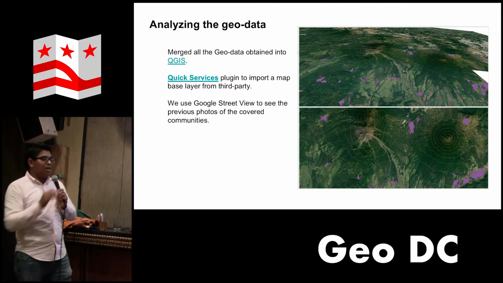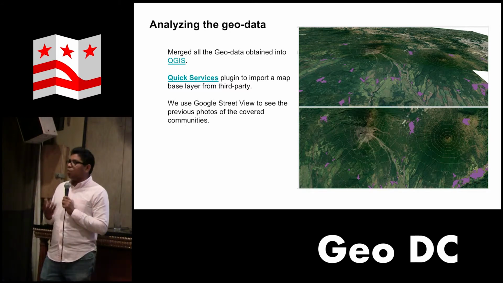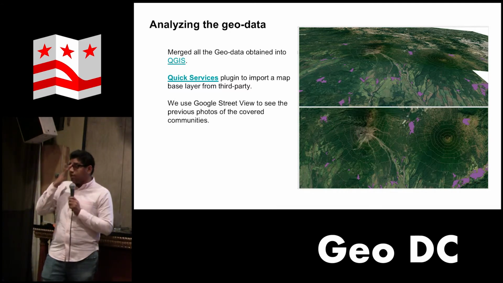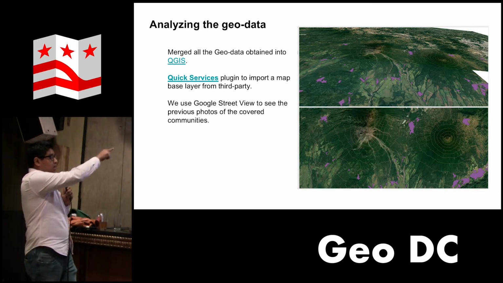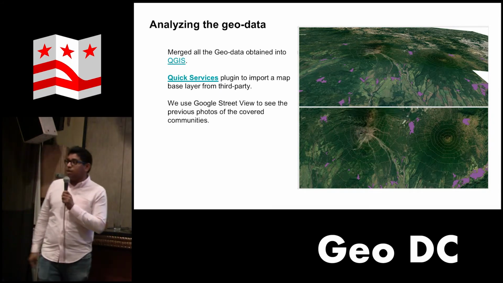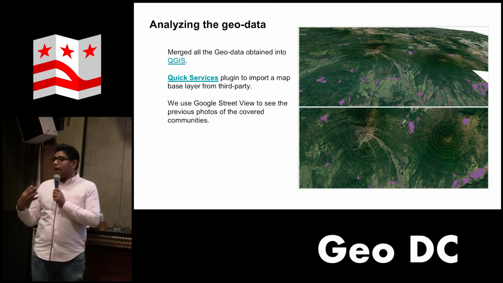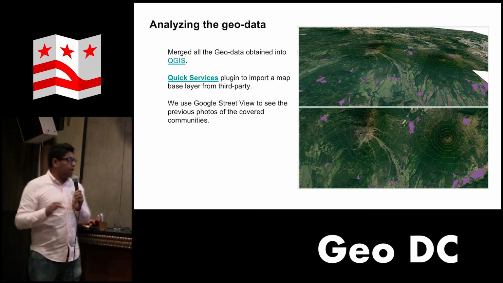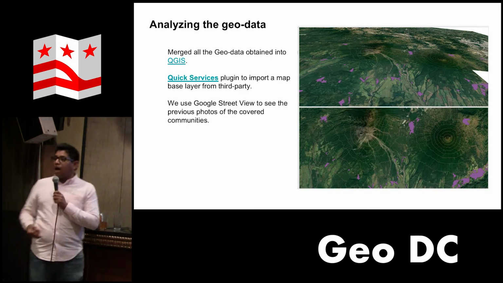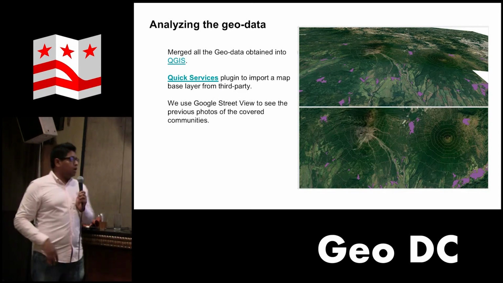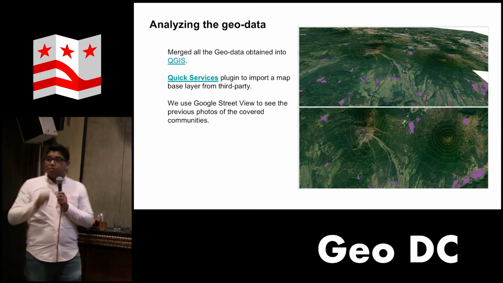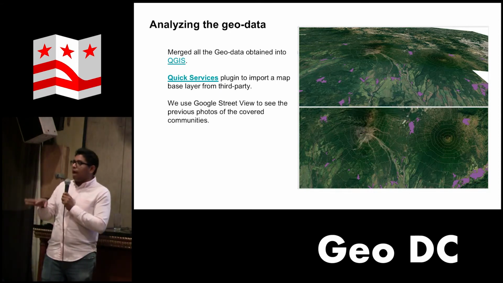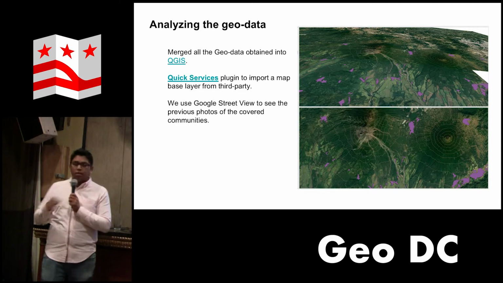So first, after we got all the data, we started to analyze it in QGIS. We used a plugin which is really helpful, QuickMapServices. This plugin imports a base map from different services like Google Maps, Bing, and OpenStreetMap. We also used Google Street View to go into all the communities that had been covered.